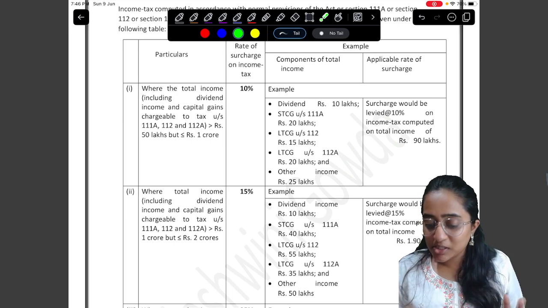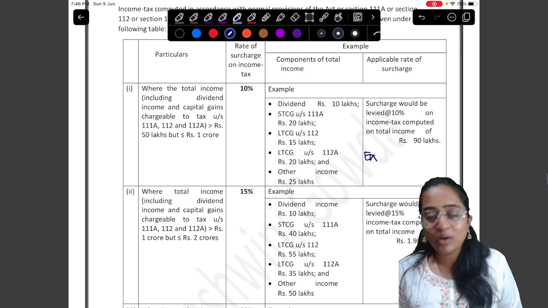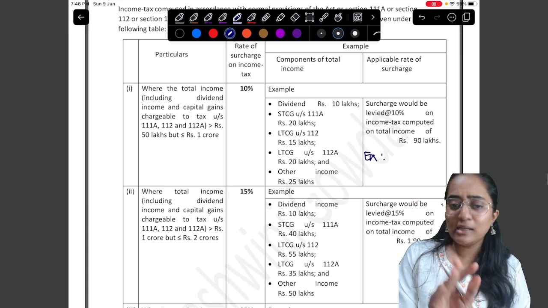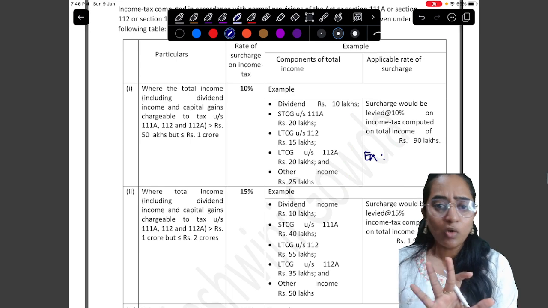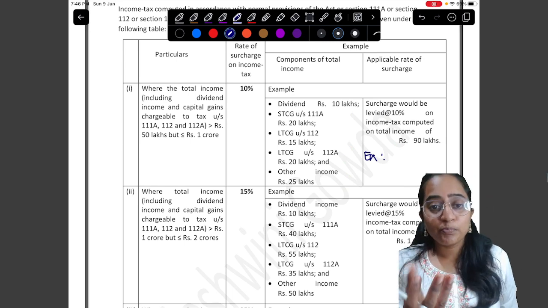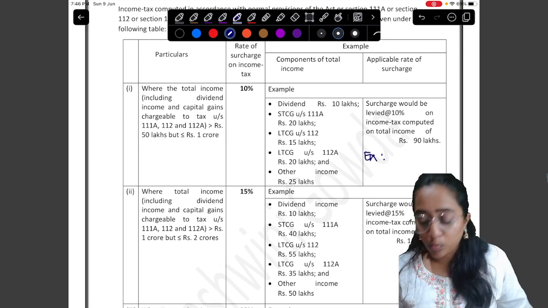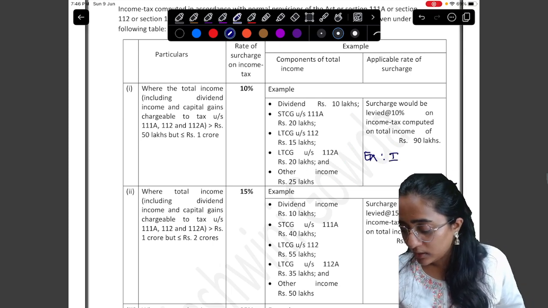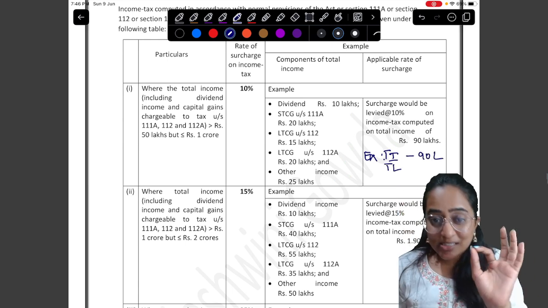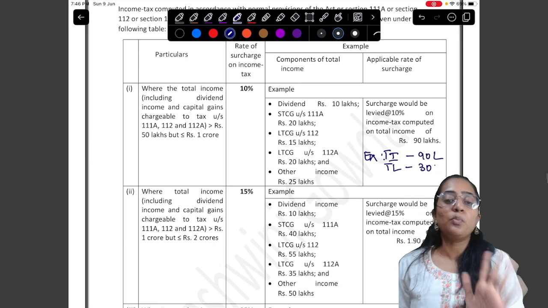Everyone, I'm just taking a random example, not the actual amount. Suppose for that 90 lakh, just an example, not an actual amount, the tax liability on the total income of 90 lakh is going to be 30 lakh, suppose.